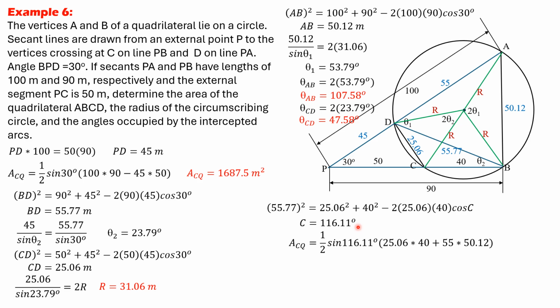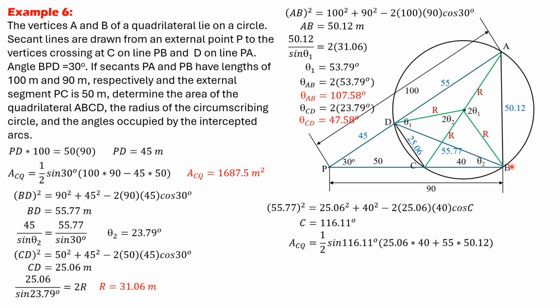So for this area, take note that angle C and the opposite angle A are supplementary, so there's no need to compute angle A because sine of angle A and sine of angle C are equal. So the area of the cyclic quadrilateral is the area of this triangle here, 1/2 sine of 116.11 degrees. We just factor this out, then get the product of adjacent sides, 25.06 times 40.